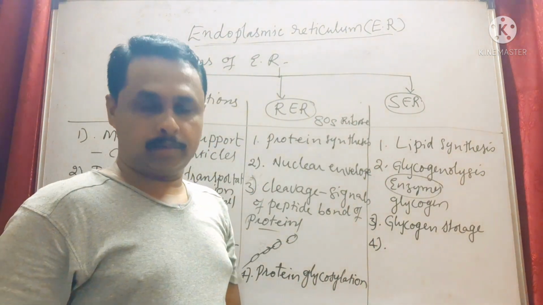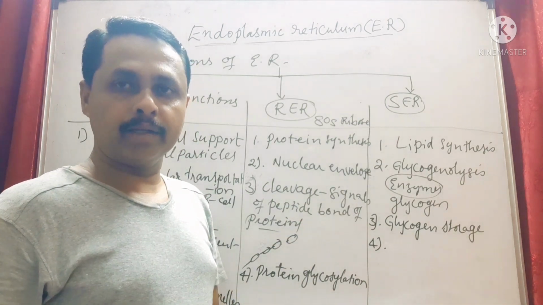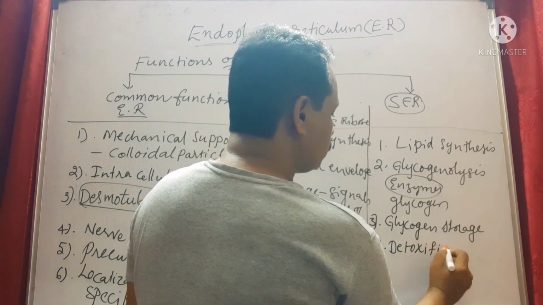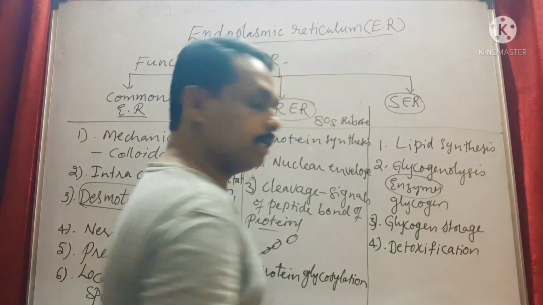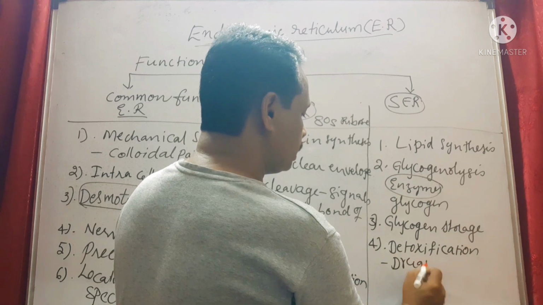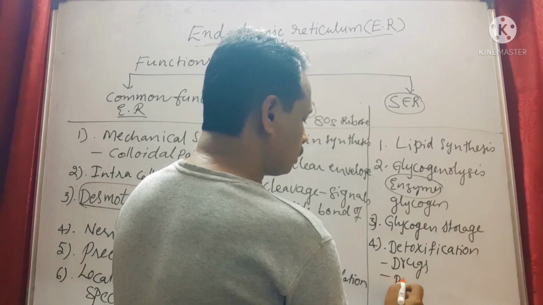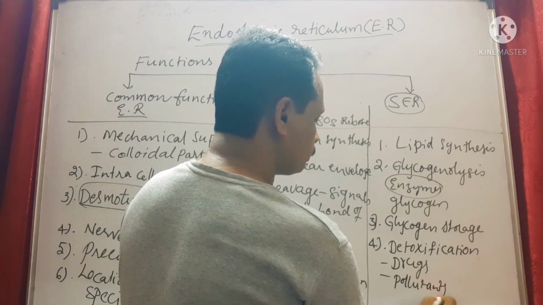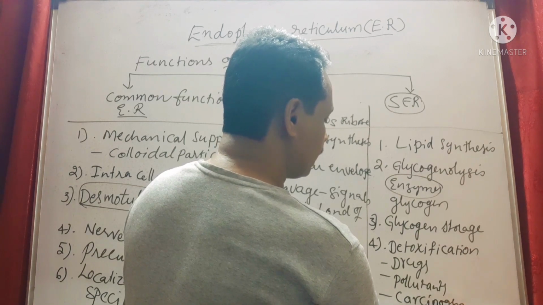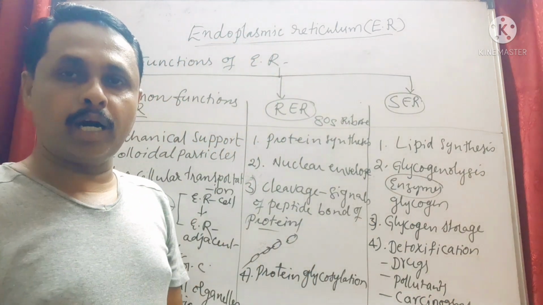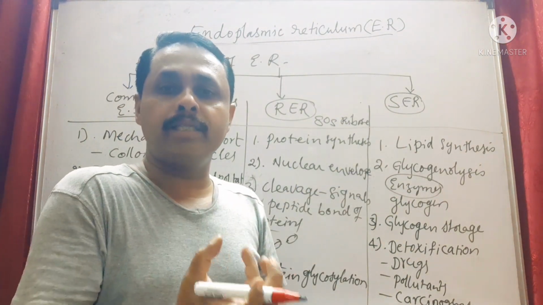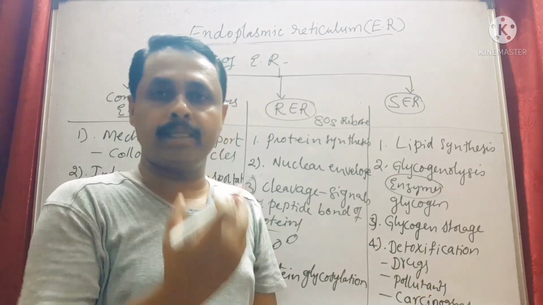And the fourth function is, smooth endoplasmic reticulum will be involved in detoxification. Detoxification means, if any drugs, pollutants, poisonous materials and carcinogens, which are chemical substances that cause cancers, enter into our body, immediately this smooth endoplasmic reticulum can neutralize the toxic nature of these materials in the liver cells.